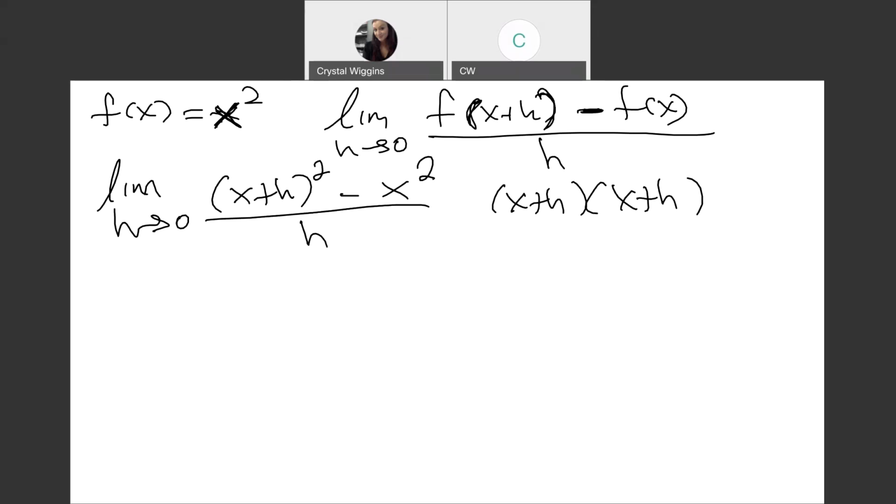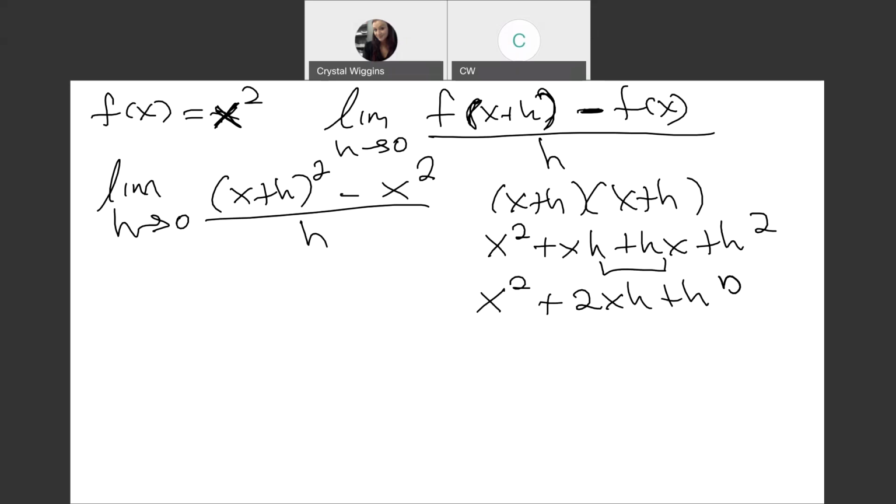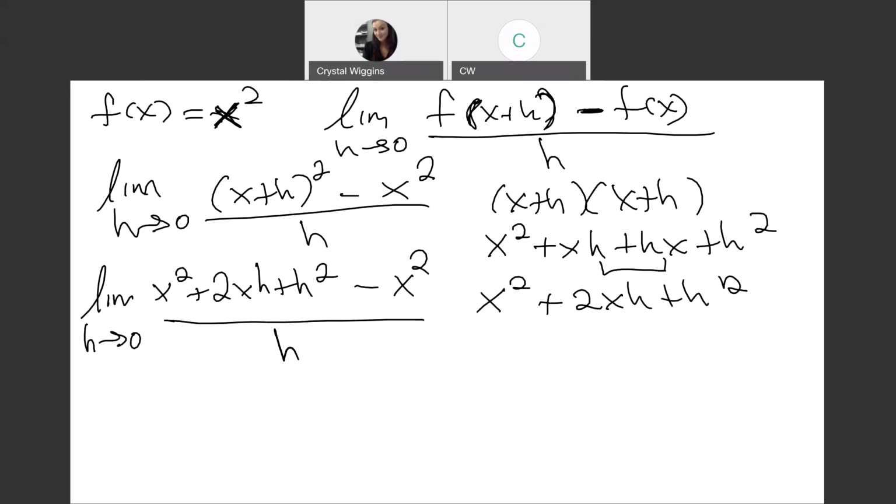Again, we have to do x plus h times x plus h. And since this is the same calculation you'll do several times, it's okay to not show me this foiling algebra work, as it's going to be the same every time. So now I'm going to write the limit as h approaches 0, replace my x plus h squared with x squared plus 2xh plus h squared minus x squared, all over h.